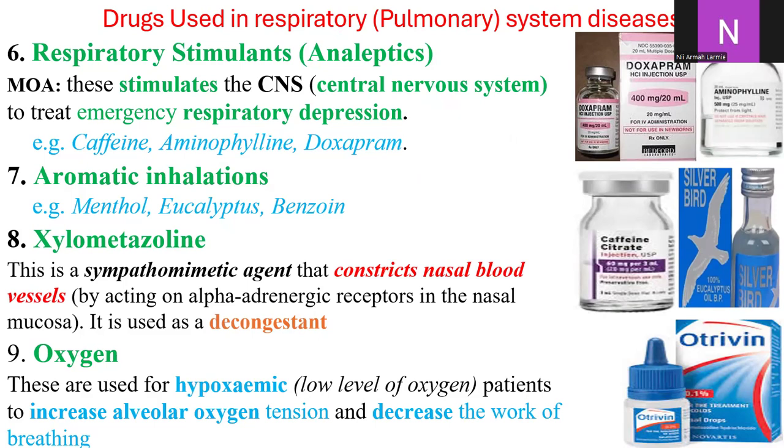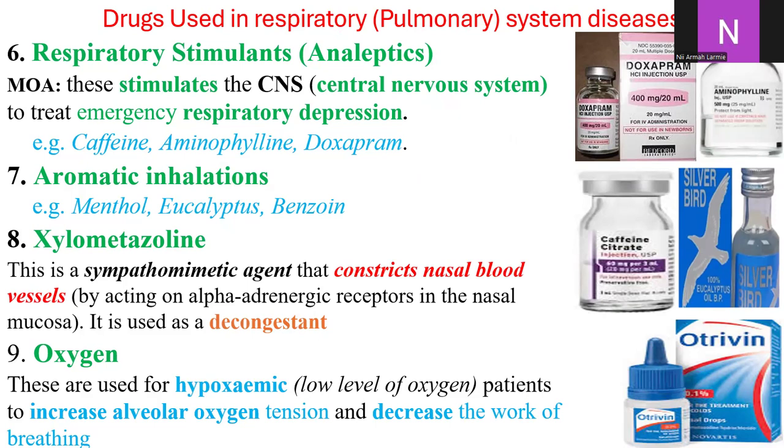Finally, oxygen. Oxygen is used in a situation of hypoxia, a low level of oxygen. When a patient is hypoxic, we need to increase the alveolar oxygen tension. Sometimes we're doing surgery and we can put this oxygen in there.